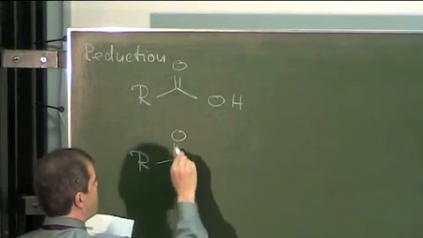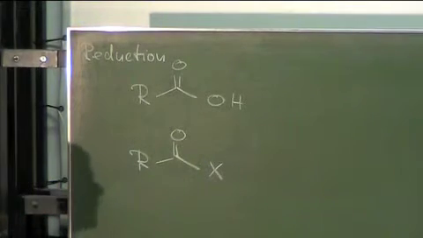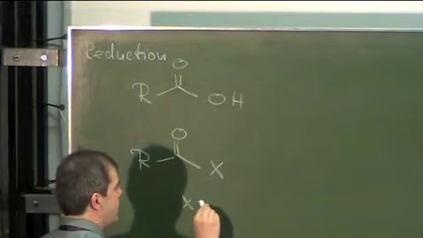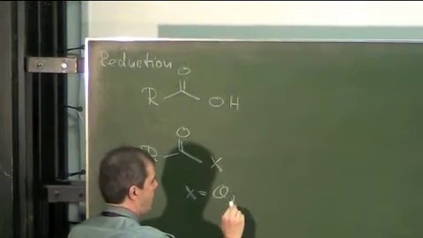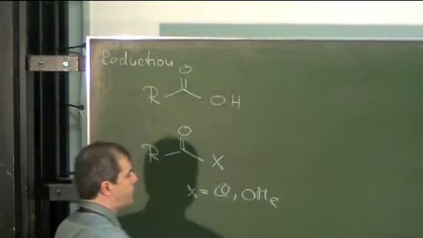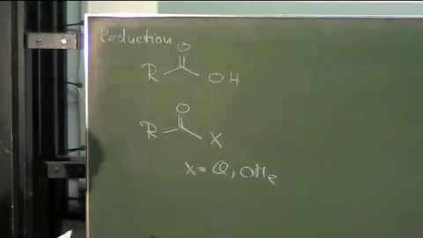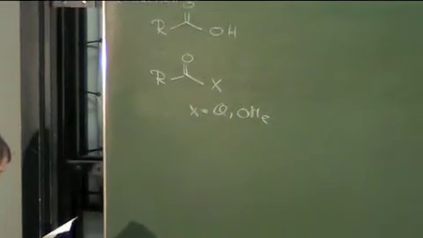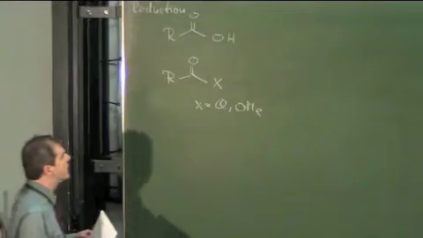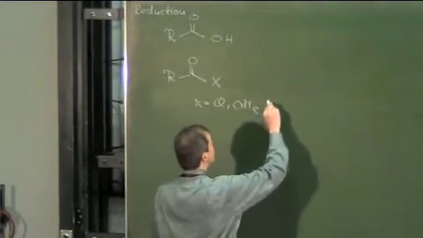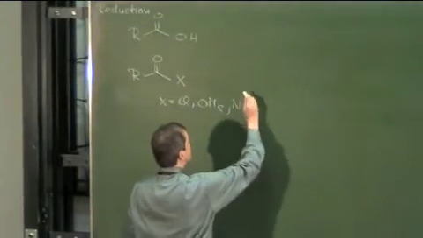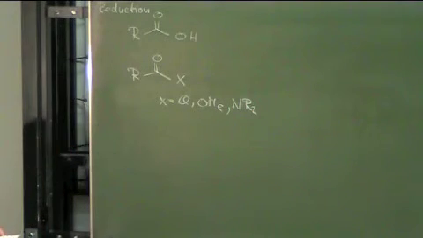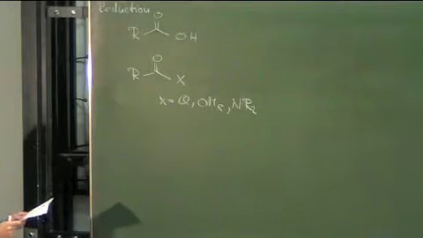And just to give you a summary here, in the beginning, the types of reductions one might be interested in are carboxylic acid derivatives. The three I would like to mention at this point are acid chlorides, esters, and also amides.